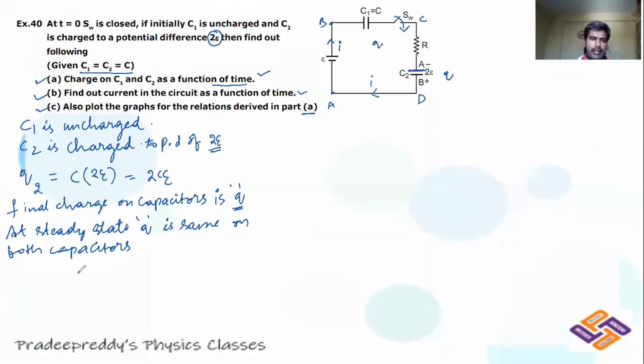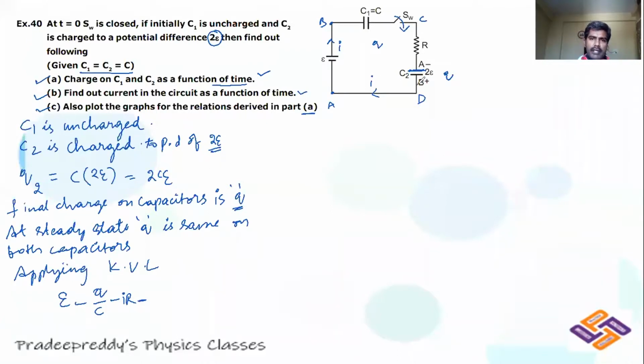So I am writing KVL now, applying Kirchhoff's voltage law. I can write E, starting from A, B, C, D, A. Starting from A, you are added with a potential difference E. That will be dropped across the first capacitor, and the first capacitor's potential is Q divided by C, minus. Across this resistor, there is some voltage dropped, and that is IR, minus. Across this other capacitor also there is some voltage dropped.